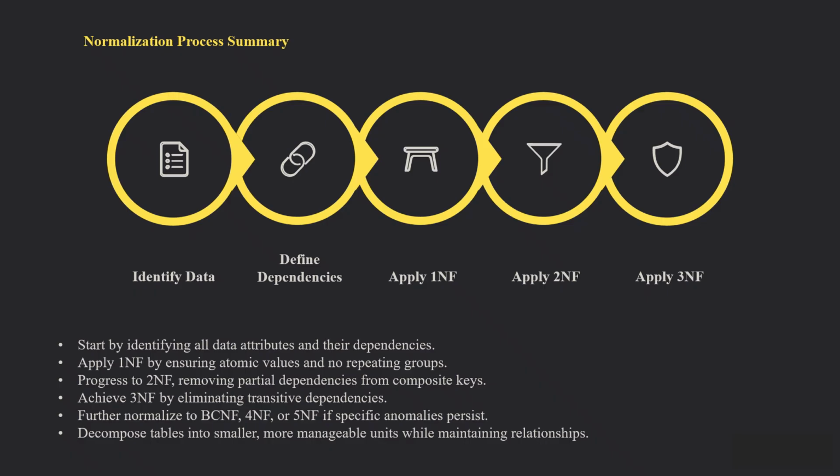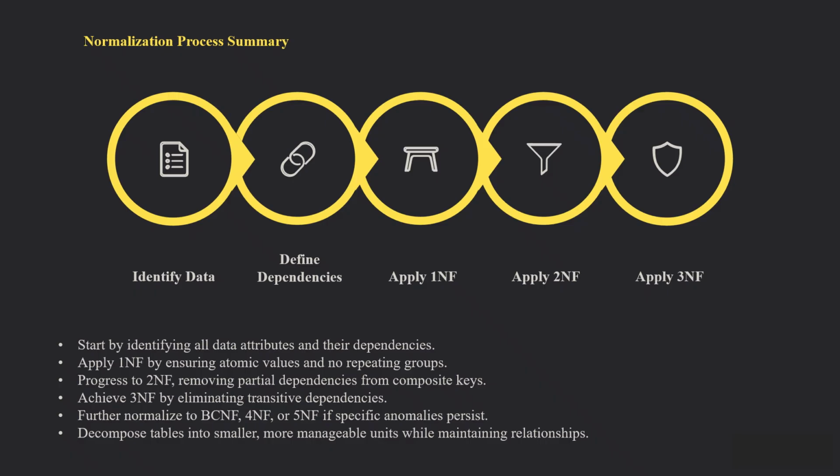Start by identifying all data attributes and dependencies, and apply first normal form with atomic values so there are no repeating groups. Progress to second normal form, removing partial dependencies from composite keys. Achieve third normal form by eliminating transitive dependencies.